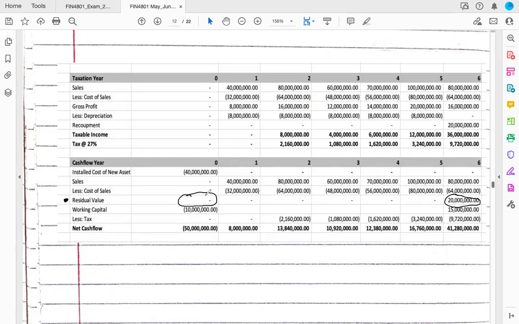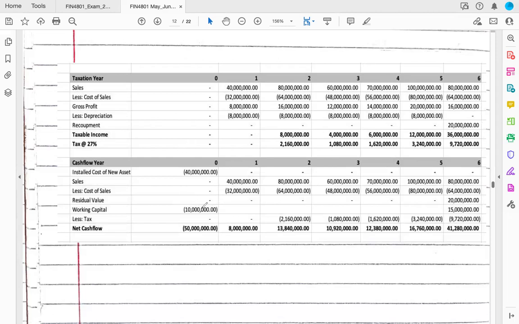And then we would need to add that because it would be money coming in. We've already accounted for the taxation of that. If we have a current machine, we will have accounted for the taxation above, just like we accounted for the taxation of this machine in our calculation here, right?